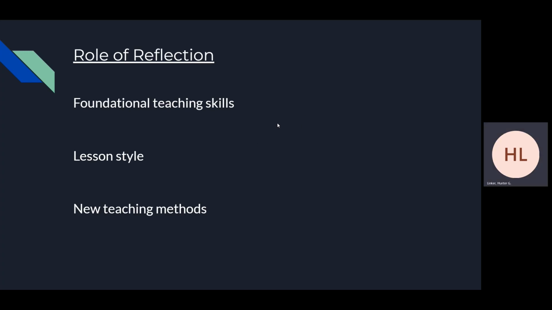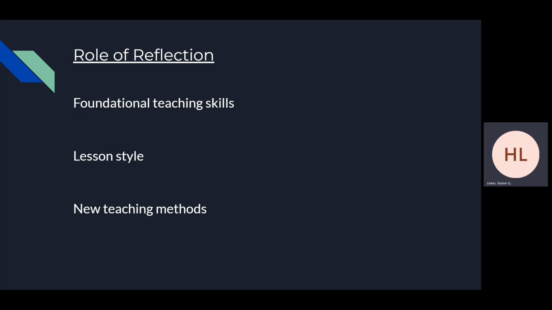Now let's talk about what sort of reflections I had after completing my action research. I've been a teacher for about 5 years now, and during these first 5 years of teaching, I have spent the majority of my focus trying to master a few key foundational teaching skills, such as high level questioning, circulating, checking for understanding, using data to inform my instruction, and building solid, positive relationships with my students.